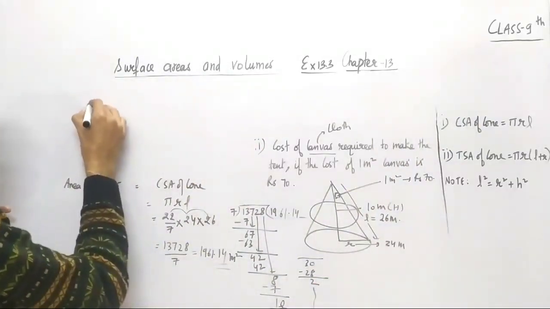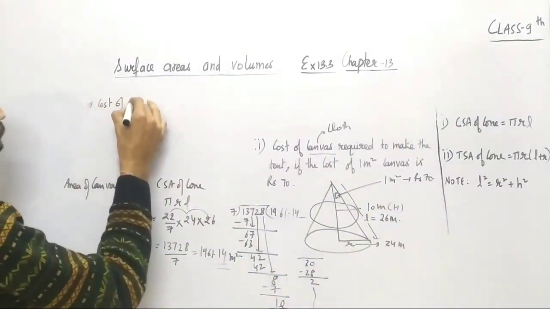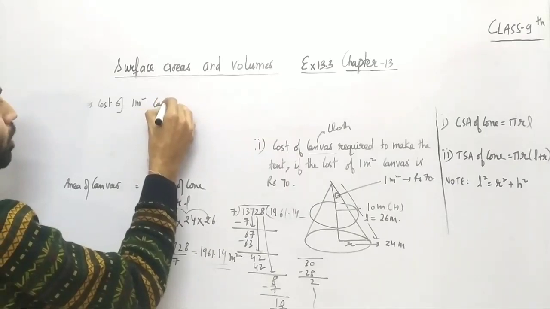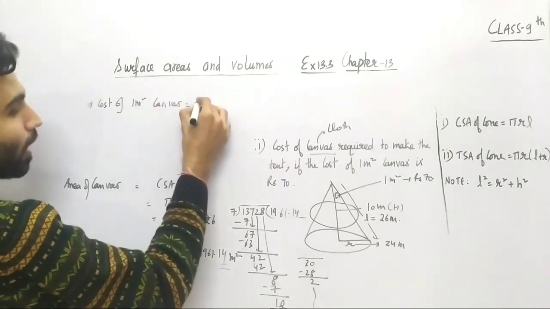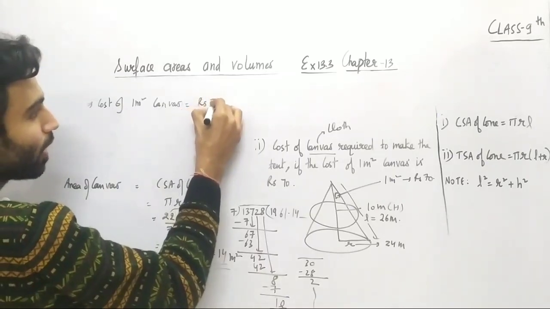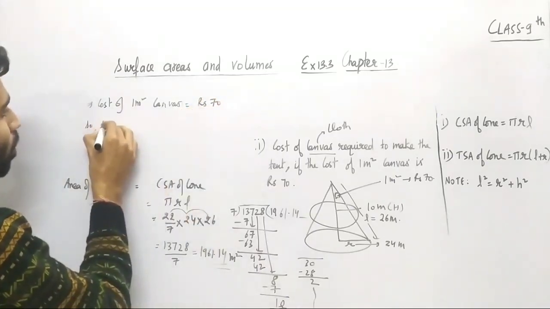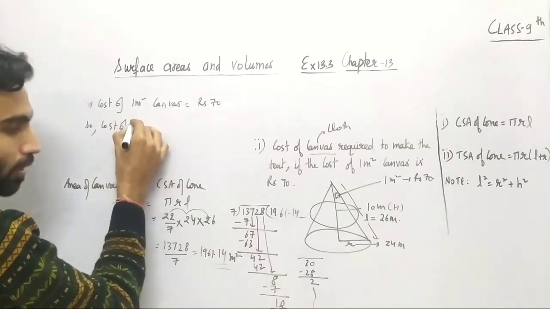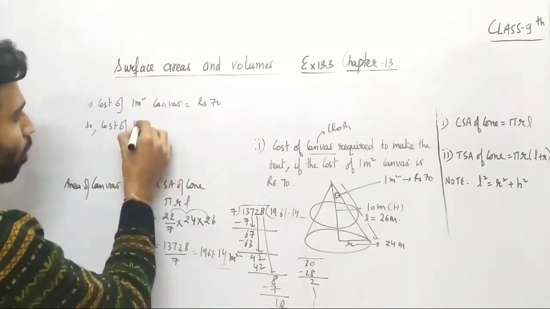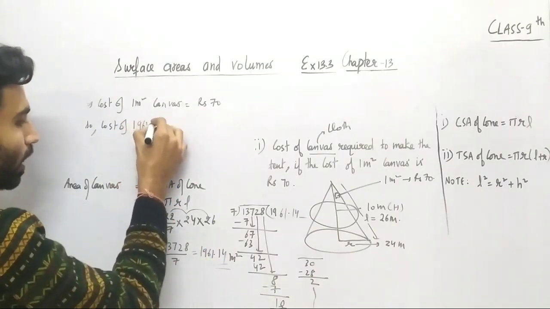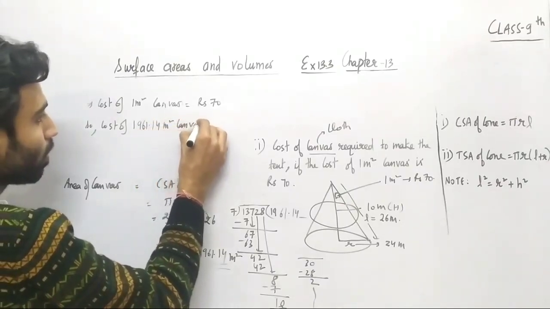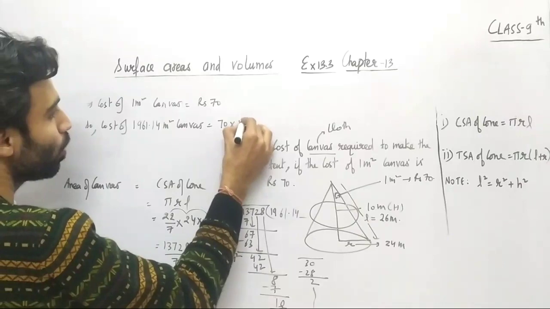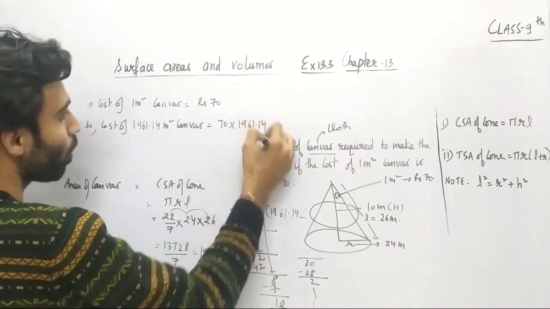so this implies, you can see the cost of 1 meter square canvas is given to us as, you can see, 70 rupees, right? So cost of, you can see the total area of canvas required, that is 1961.14 meter square canvas, will be 70 into 1961.14, right?